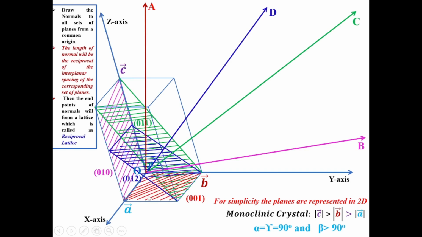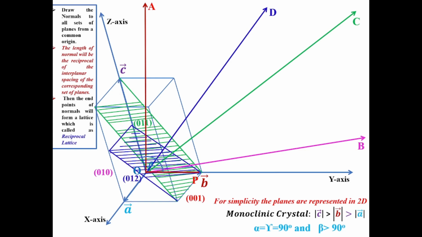Here by removing this plane in 3D form, I consider here one line OP, a red line, which represents the 001 plane in 2D format. Initially it was a plane, but for simplicity to draw the reciprocal lattice, I remove that plane and I draw a red line OP, which represents the 001 plane, right?